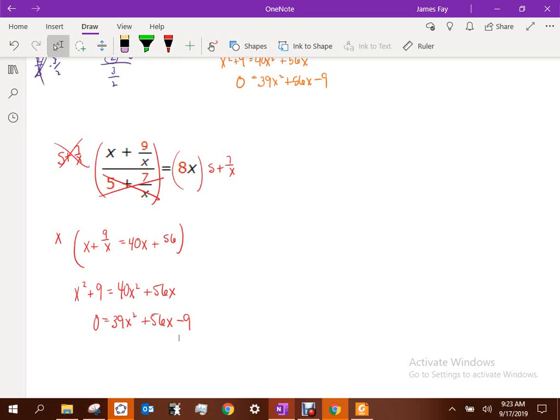Here's the thing though. When we get to trigonometry and the x turns into sine of x, and the 9 is a cosine, and that 5 is a tangent, and the 7 is a secant, we can't use the approach that we just used. We have to use the above one.